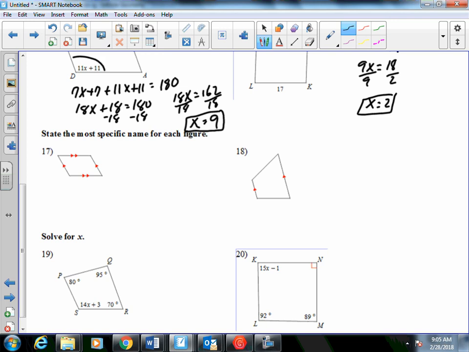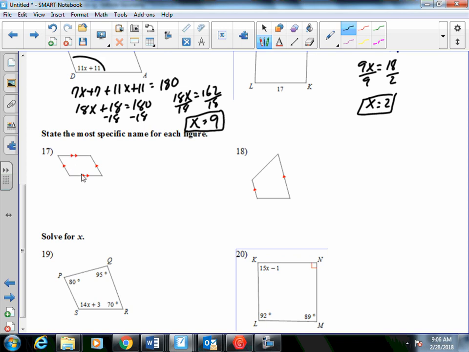And then a trapezoid is not a parallelogram, but it's got two sides that are parallel. And a kite has two sets of congruent adjacent sides. So 17, we know it's got four sides, so it's a quadrilateral.